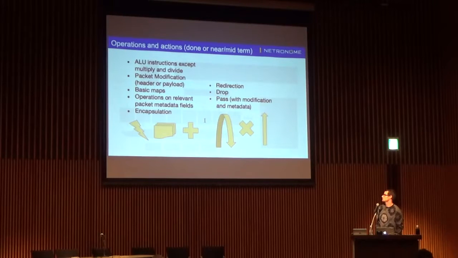And obviously, we can perform operations on the packet metadata, like RX hash and stuff like that, because it's already populated by the device data path at the point that we get the packet. And on the action side, we can do all the basic XDP actions. That would be redirection to the port that the packet came from, and drop and pass with all the modifications and the metadata that had been attached.